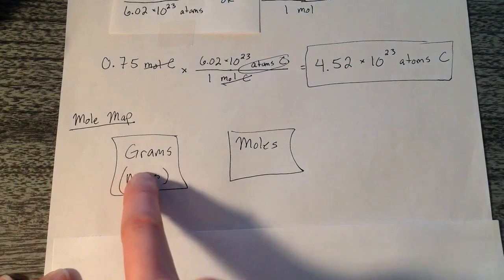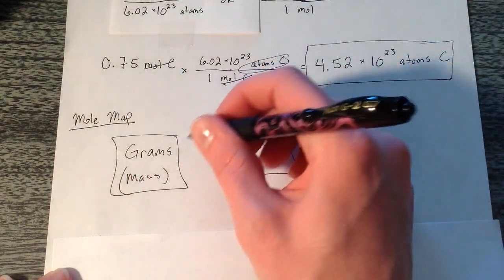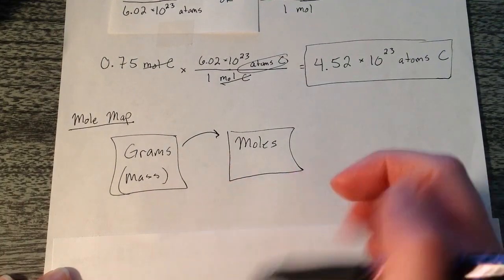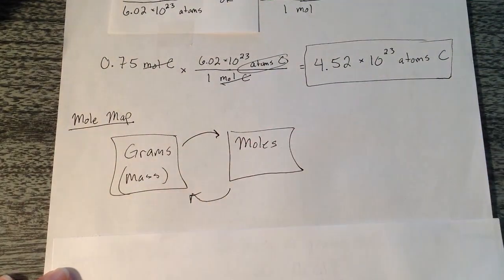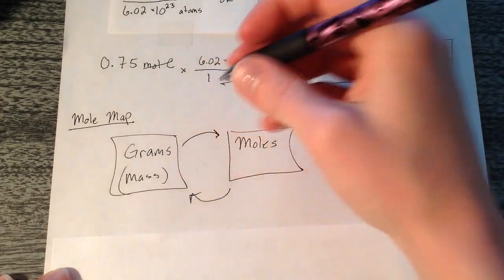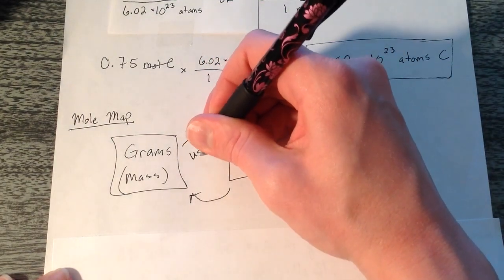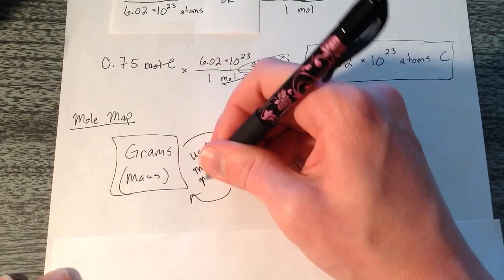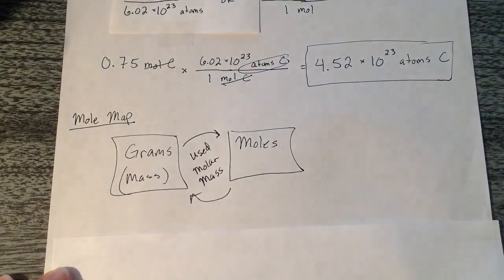In order to convert from grams into moles, or if I was converting from moles into grams, whichever direction I'm moving, for that conversion, I used my molar mass as the conversion factor. That was something I introduced in an earlier video.